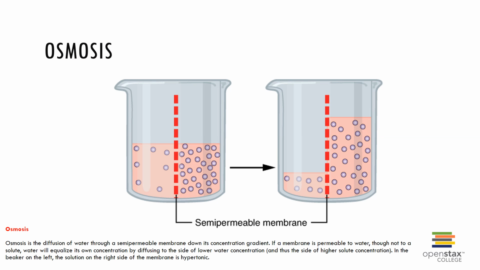Now, osmosis is a special type of diffusion that refers to water. It is the movement of water, the solvent, across a selectively permeable membrane. Water diffuses through the plasma membrane or lipid bilayer, generally through channels called aquaporins.